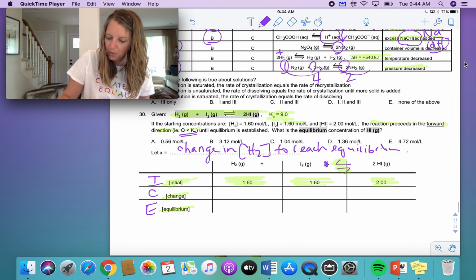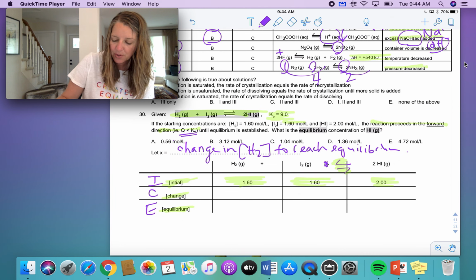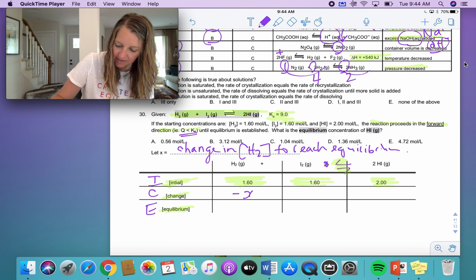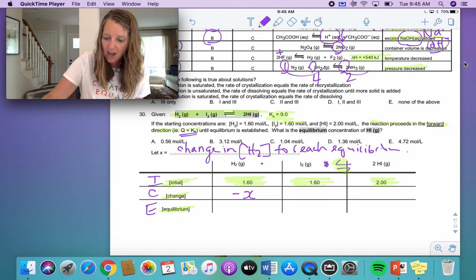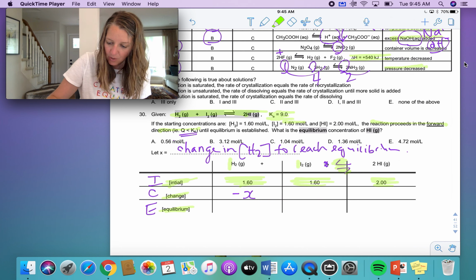Okay, so I know it's going to the right. So therefore my change in hydrogen gas is going to be negative X. It's going to go down by a factor of 1X. Where did that 1X come from? The coefficient, because they're going to go in molar ratios, right? I have a 1 to 1 to 2 ratio.